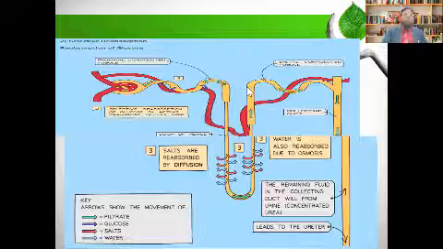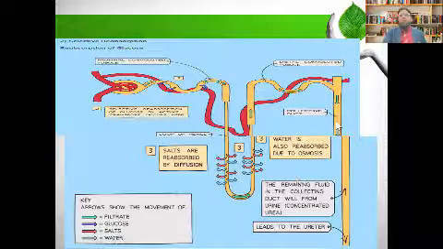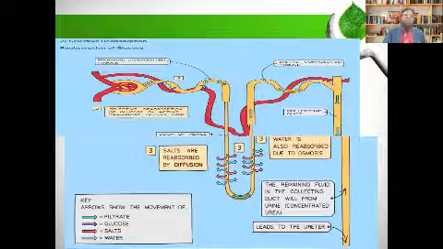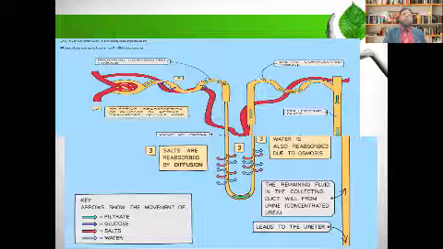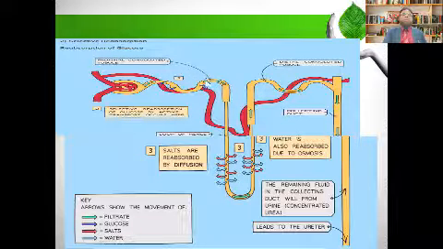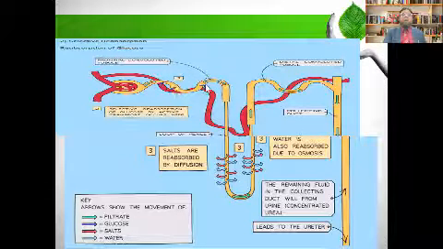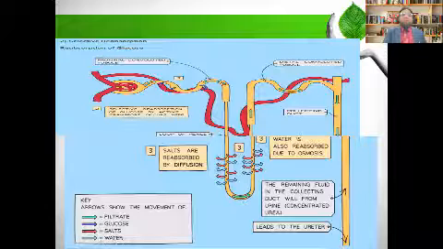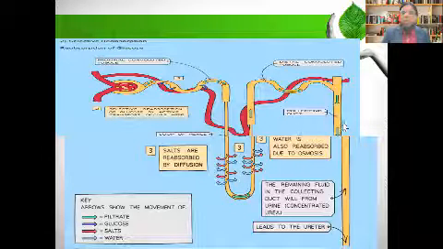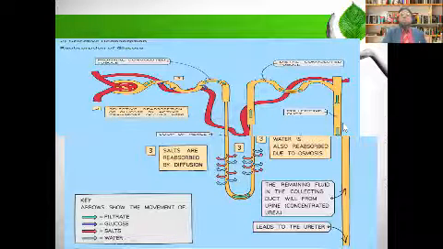So filtration, reabsorption, and finally excretion. There are basically three functions of nephrons. First, the filtration, which is done in the Bowman capsule. Second is the reabsorption, which is carried out by the first tubule, or proximal tubule. And then reabsorption also in the loop of Henle, and also a little reabsorption of water takes place in the collecting duct.